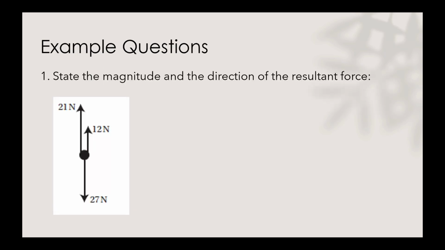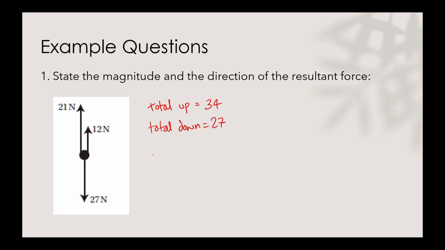Question 1 says state the magnitude and direction of the resultant force. Here we have two forces acting upwards and one going down. If we look at the total going up, that's a total of 34. And the total going down is 27.